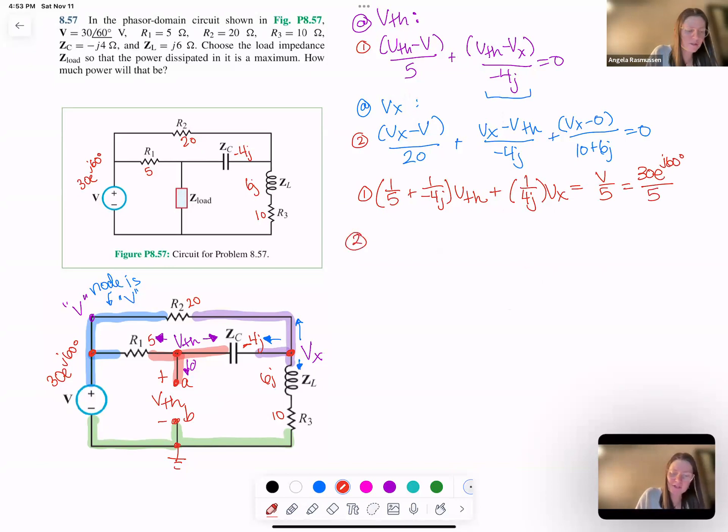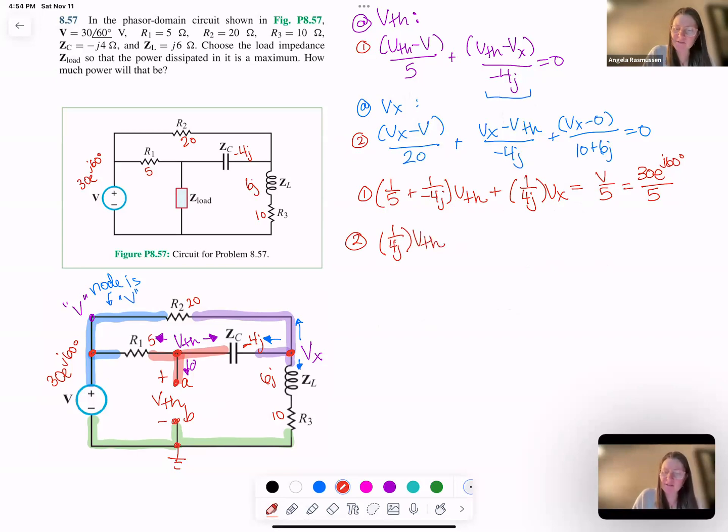My equation 2, again, I keep consistent with the ordering of which variables I'm lumping together. So VTH will be first, which gives me a minus VTH over minus 4j, so 1 over 4j, VTH.